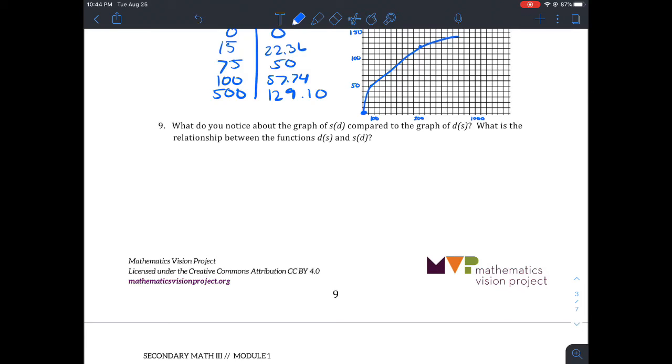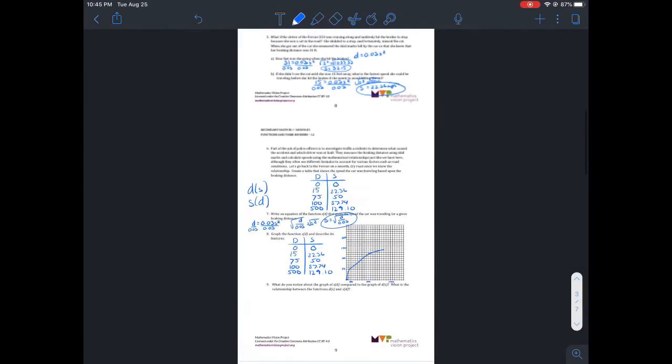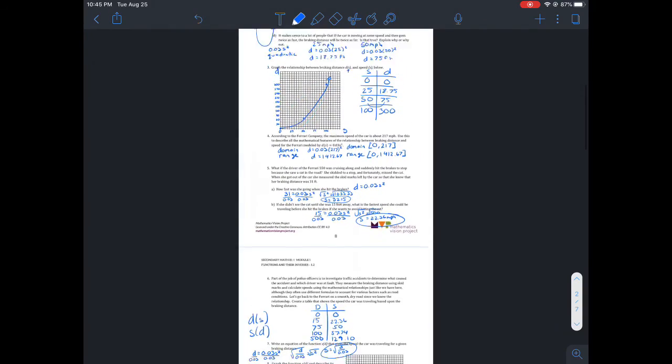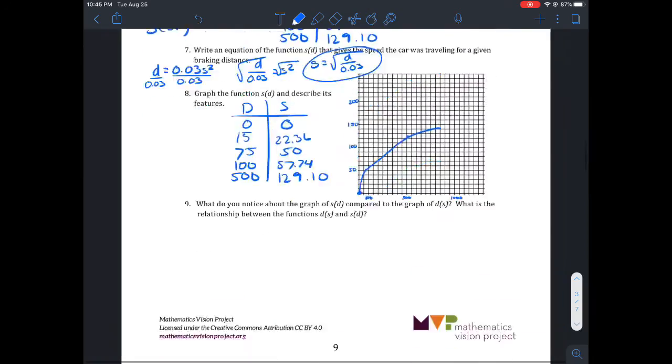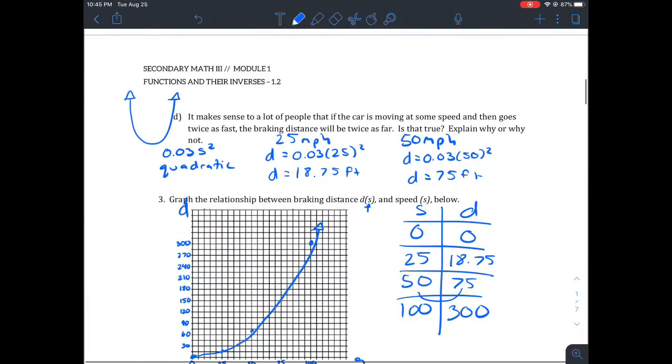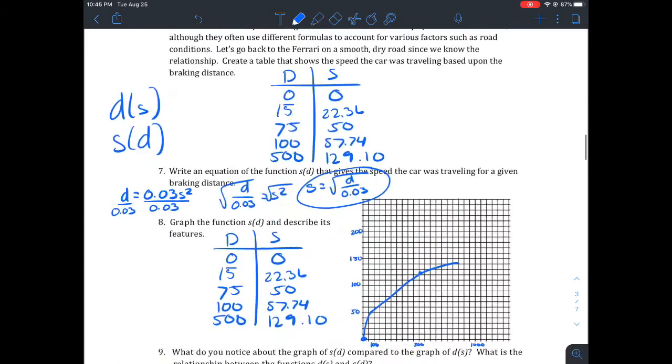So this one says, what do you notice about the graph of s of d compared to the graph of d of s? What is the relationship between the functions d of s and s of d? So really, let's think about these two functions we just drew. That first one looked like this. So that was our d of s function.